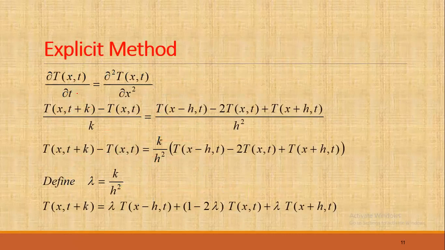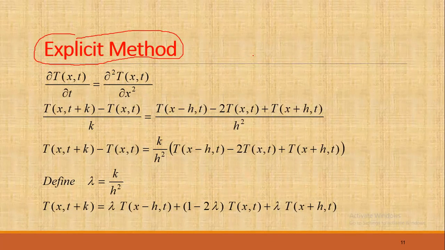Now first we discuss what the explicit method is. Suppose our problem is the one dimension heat equation, del T upon del t, where capital T is temperature, small t is time, and small x indicates space. We know that the heat equation is derived from heat transfer. So this is a simple energy equation. Now in this equation we apply the explicit method.